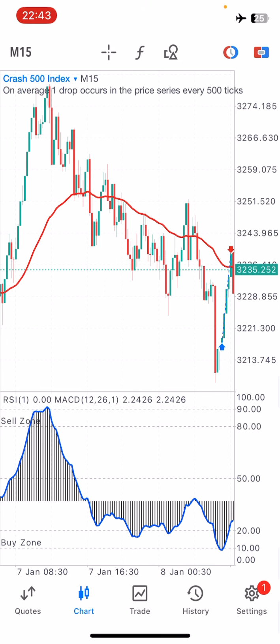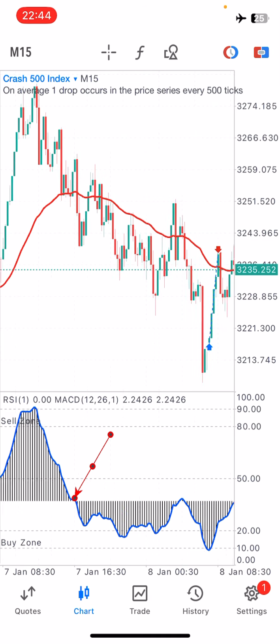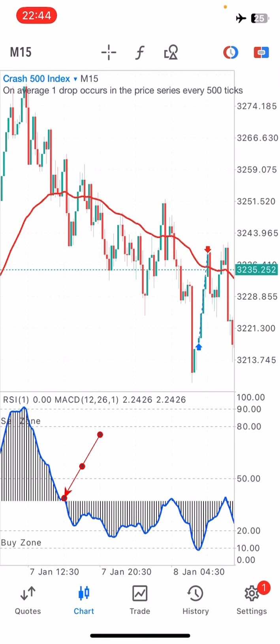The first condition is you want to see your MACD's position. So let's say you want to enter into a sell trade, your MACD has to cross to be below the zero line. Okay, so this is the MACD's zero line, and if it crosses and points downwards like this, then you know that your sell trade is about to happen.